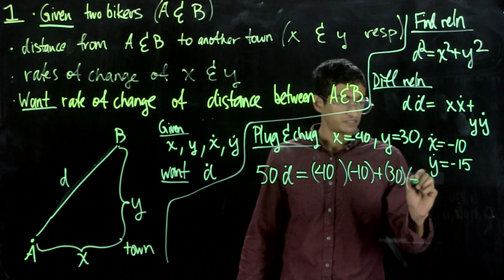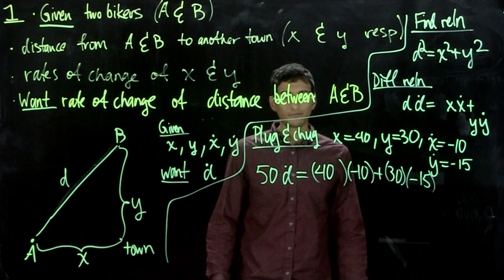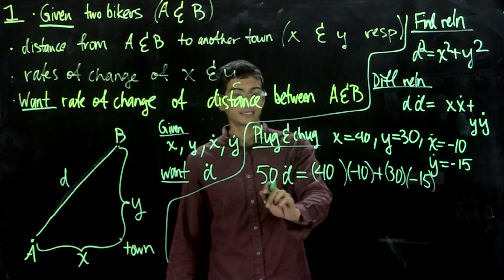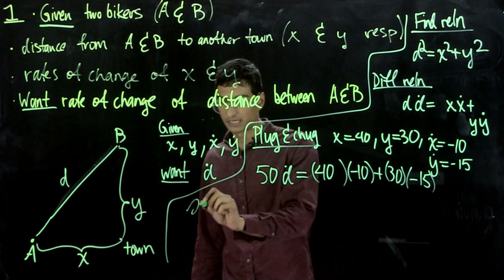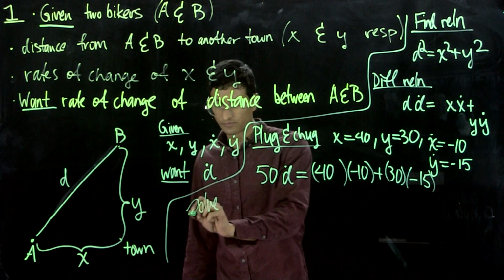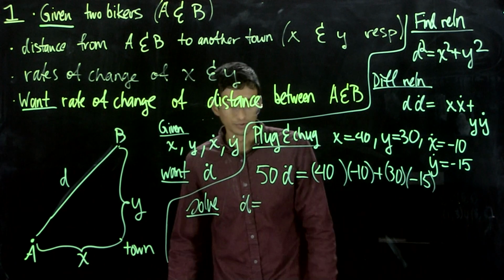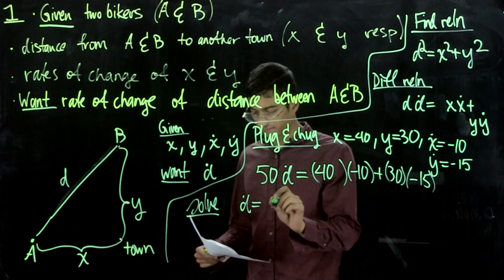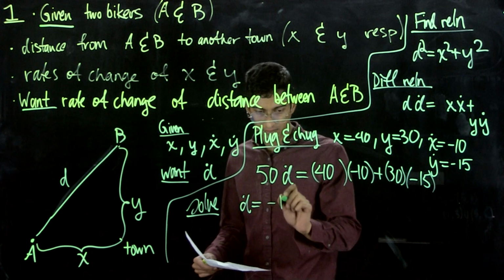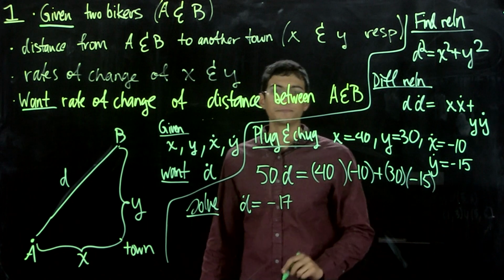Y dot is negative 15. So that's the next step: I solve for d dot. D dot equals, if I solve, I get negative 17, in our case, miles an hour.